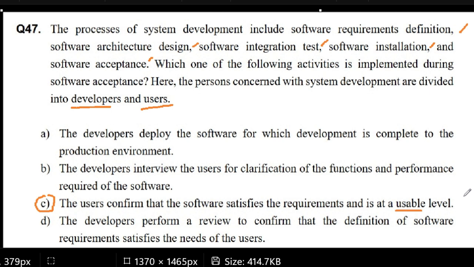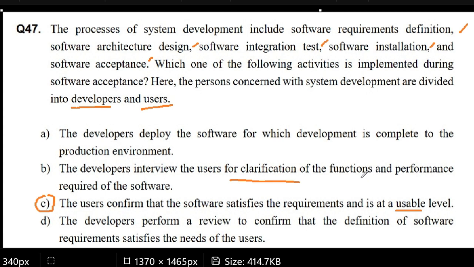Because there's a similar answer, which is letter B, let me see if it's letter B indeed. For letter B, it's saying that the developers interview the users for clarification of the functions and performance required of the software. This is kind of like letter C in that we need to know if the requirements are being accomplished or not.